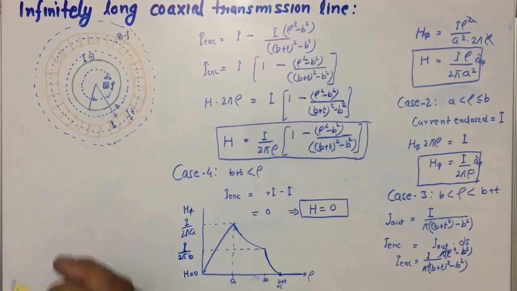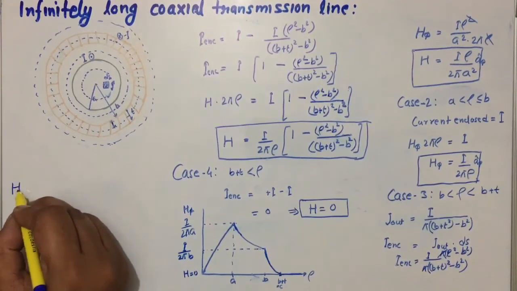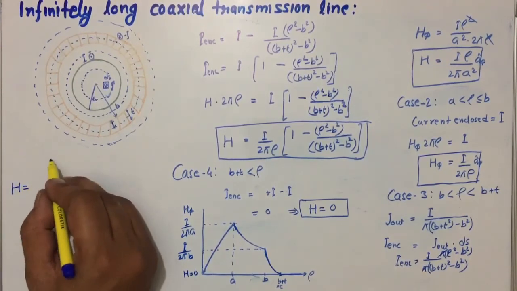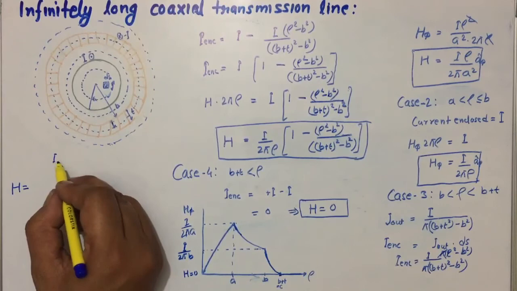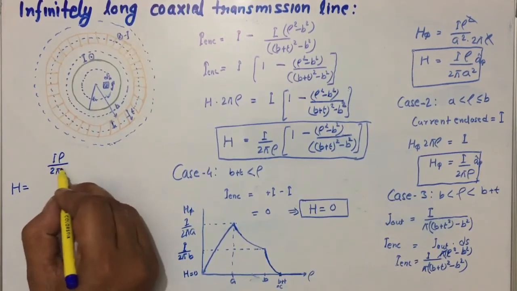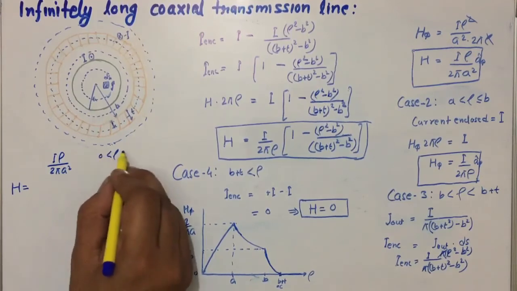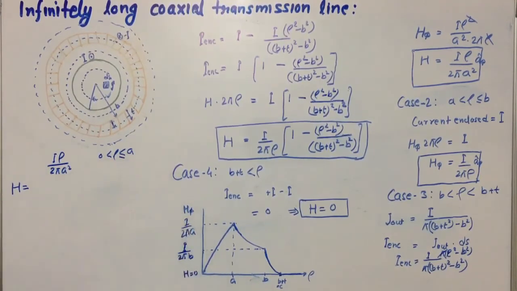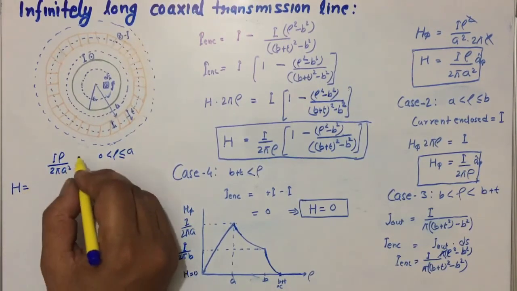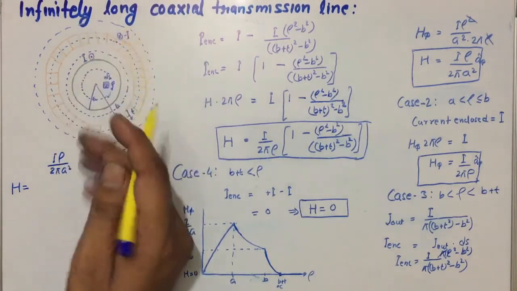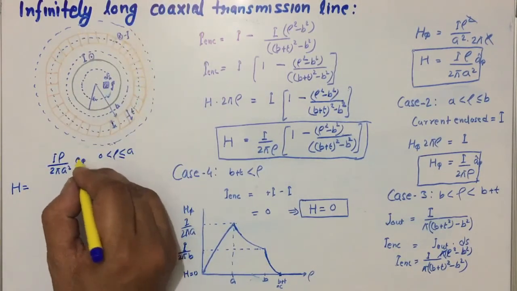Now if we summarize, we can say H is equal to I rho divided by 2 pi A squared, when rho is from 0 to A, and H was in the direction of a phi.